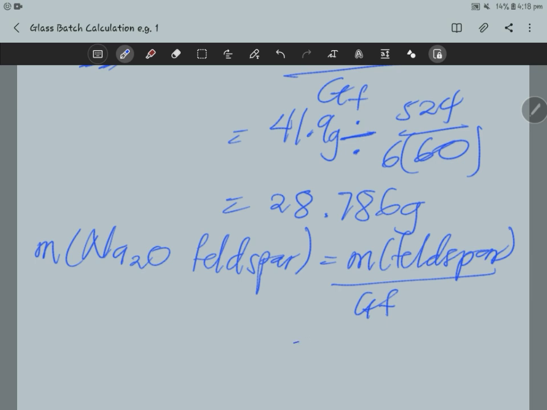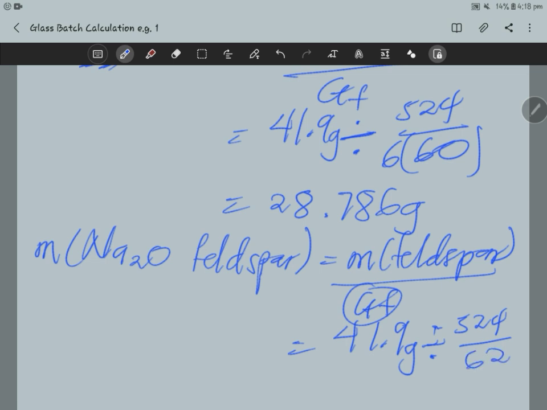So here, mass of feldspar is 41.9 grams divided by the molecular mass of the feldspar, 524, over the molecular mass of the Na2O, that's 2 times 23 plus 16, that's 62.